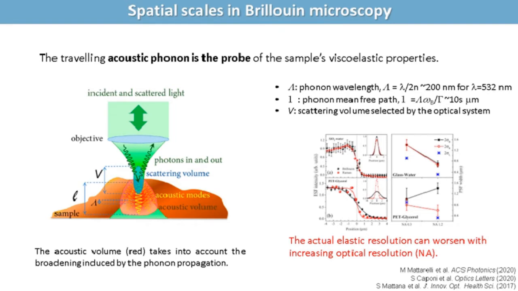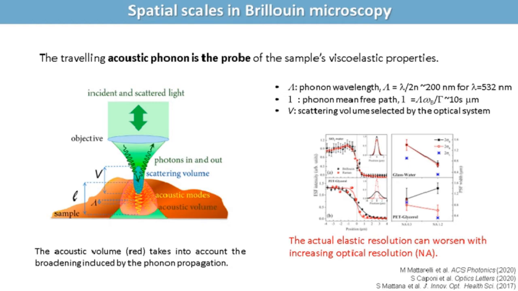There are at least three relevant scales that we are concerned with. The smallest scale is the phonon wavelength, which depends on the wavelength that you use for the illumination, so we are in the range of 200 or 300 nanometers in our applications. But most important is the propagation length of the phonon itself, this L, that, irrespective of the size of your scattering volume governed by your optics, regulates the extent of the signal that you measure.